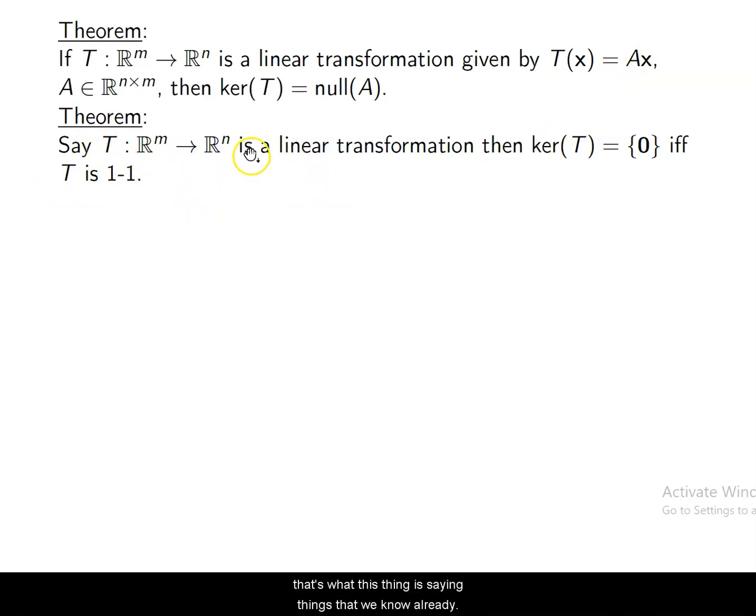It's saying things that we know already, but in the verbiage of linear transformations. So again, this is not something new. You just have to think about it in a different way now, right? So everything that the transformation sends to 0 is only the 0 vector itself if and only if this is linearly independent, meaning that T is 1 to 1.